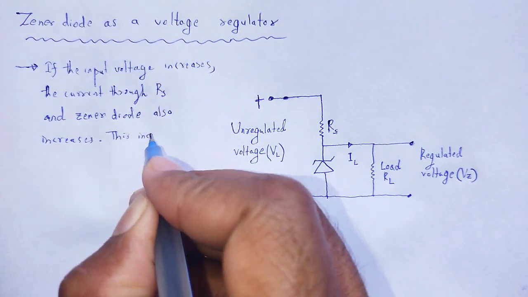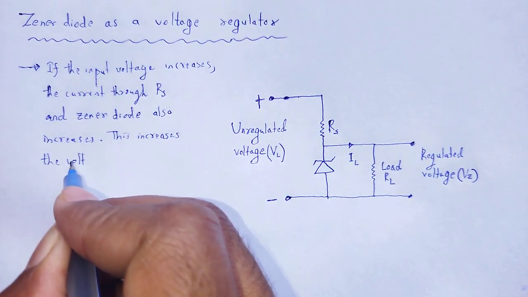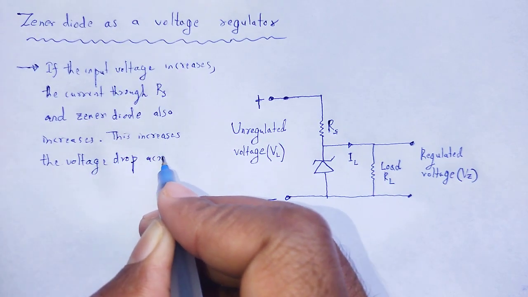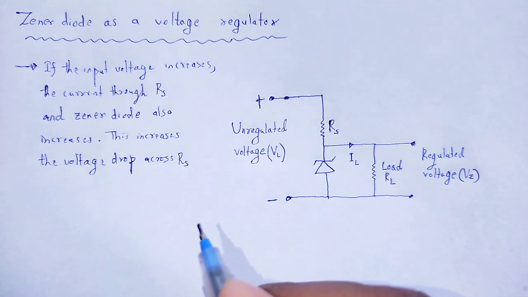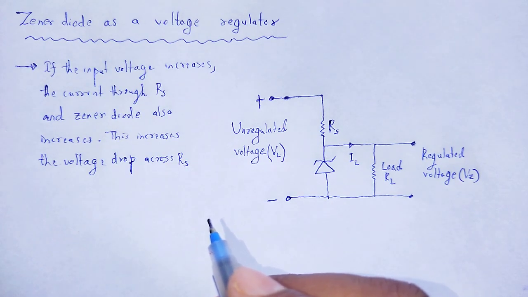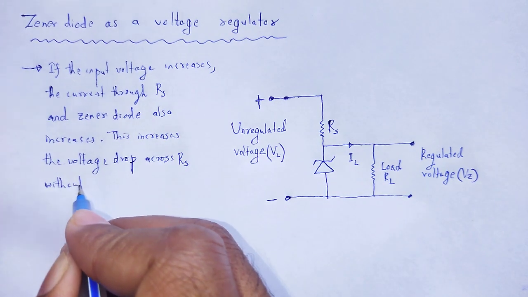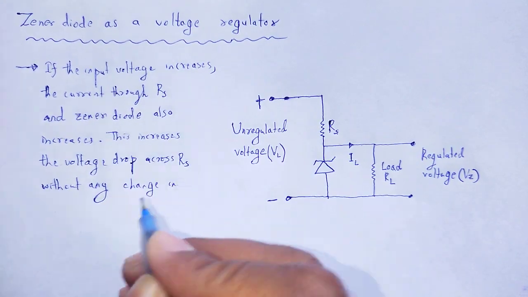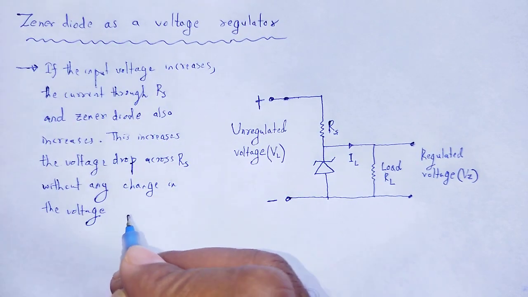This increases the voltage drop across Rs without any change in the voltage across the Zener diode.